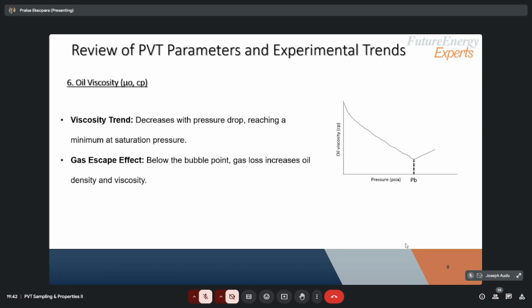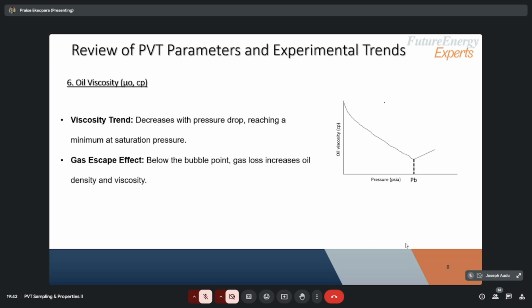But once we get to the saturation point, the gases will leave, and as soon as the gases leave, you have an oil with a lesser amount of gas in it. It will keep on climbing that way until it becomes more like a dead oil.